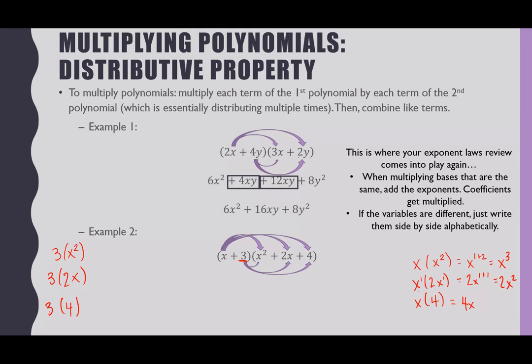Okay, so for each of these, since there's not any like bases, you're just concerned with multiplying your coefficients together. Okay, so once I've completed distributive property, these are all 6 of my terms written out side by side, and I identify my like terms, so anything with the same combination of variables with the same exponents get added together. And here is my final polynomial.